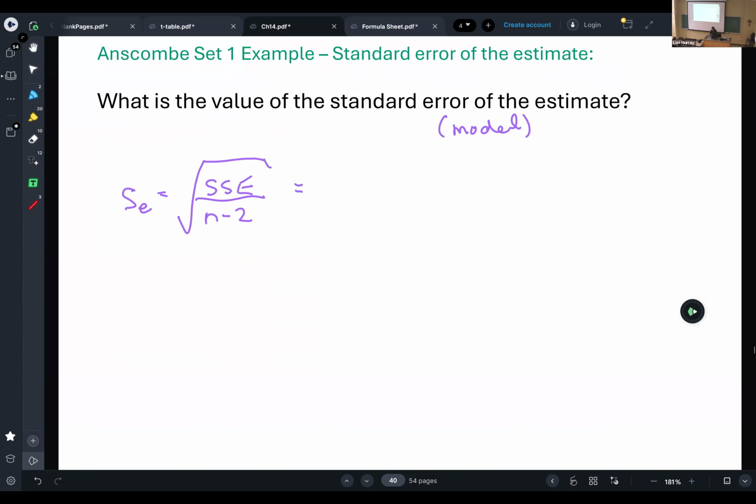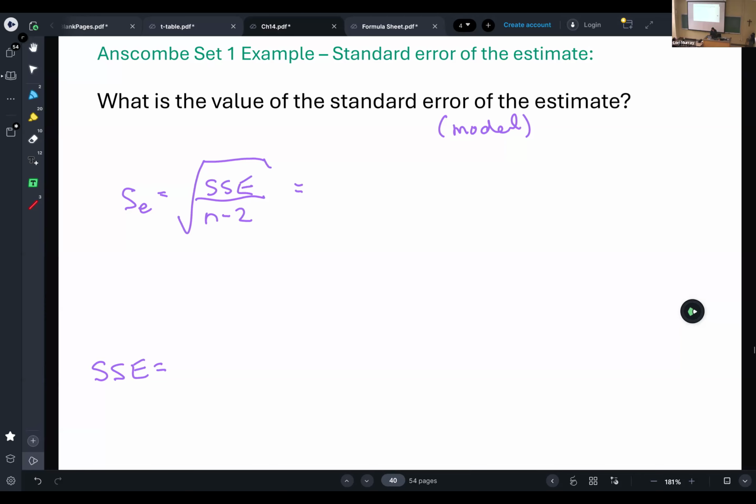We don't have SSE, but we have multiple ways of getting it.